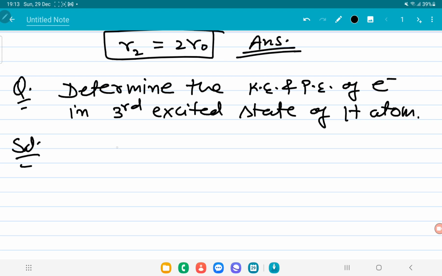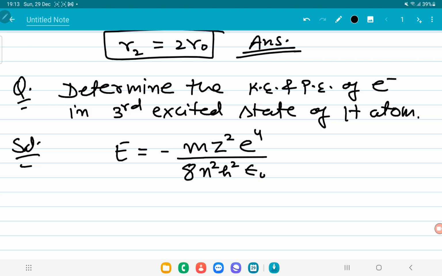For hydrogen atom, we have already determined that the total energy is minus mZ square e to the power 4 over 8 n square h square epsilon naught square. If I substitute all the things, because m is mass of electron which is known to us, Z is 1 for hydrogen, e is charge of electron which is well known, h is Planck constant, 8 is a number, and epsilon naught is the permittivity of free space.